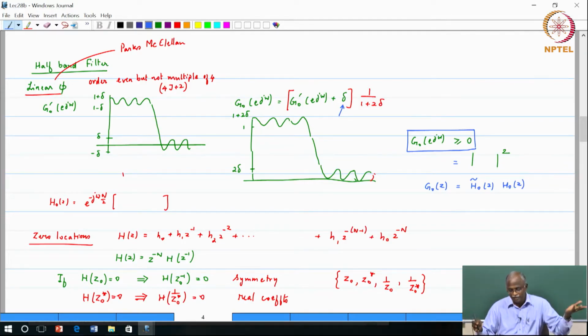So you cannot get negative values on the left hand side. Okay. Once you have done that, you can verify that you have a filter whose order is 1/2 of the original half band filter.